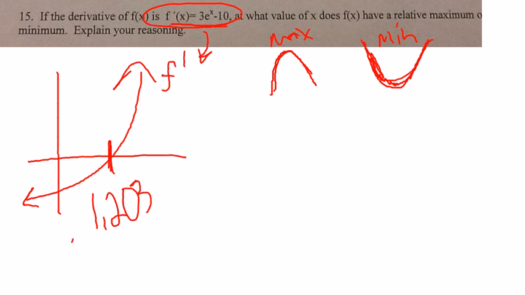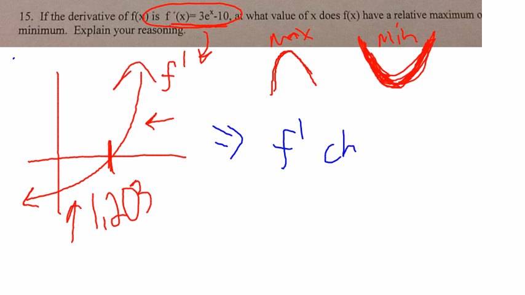Notice on the left side of this, my derivative is negative. On the right side of my 1.203, my derivative is positive. So that's going from a negative derivative to a positive derivative, which means I get a min. So what I'm going to say is that, and it's all based on what my calculator shows me, f prime changes, and I have to do this because it is to explain your reasoning.